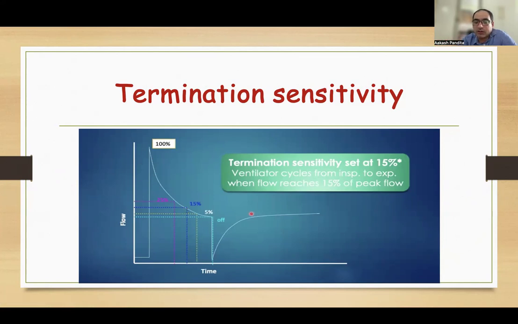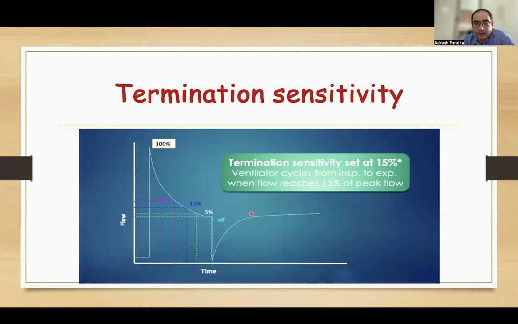It will not wait for the flow to become zero. So there will be no inspiratory hold, and there will be better synchrony, especially in expiration. There will not be that unnecessary inspiratory hold where the lungs were exposed to higher pressures without any need. So that is called termination sensitivity.